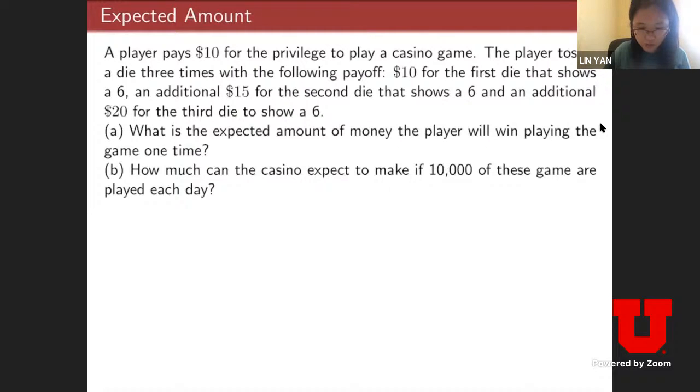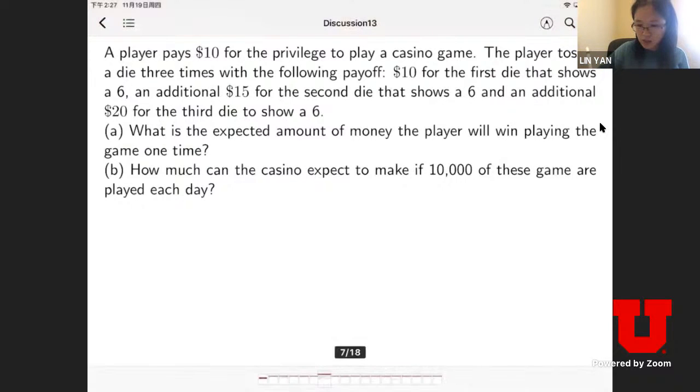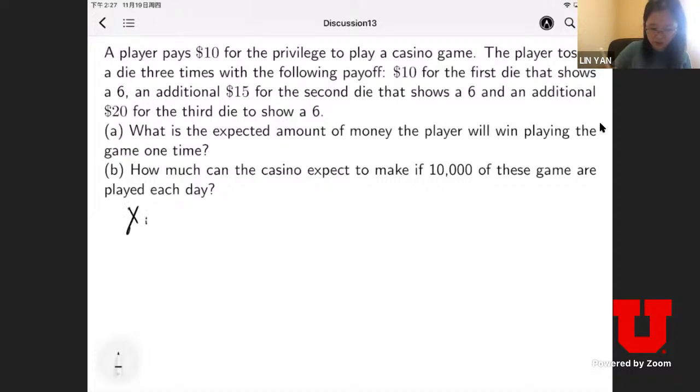So this is still a question about the expected value. Please use 3 minutes to think about it, and then we will work on it together. We still need to decide what is X, and X is the amount of money.